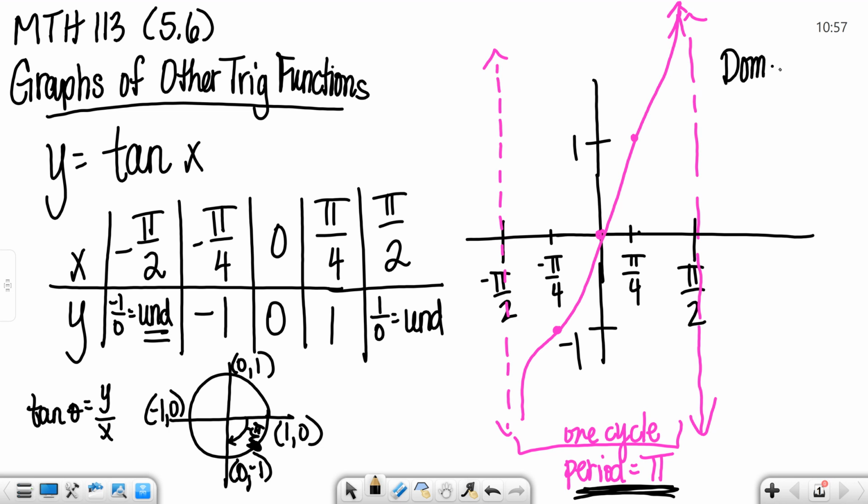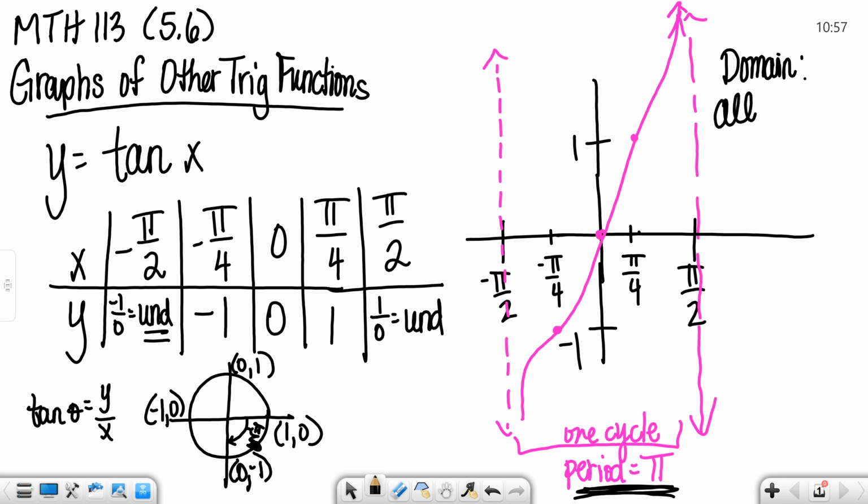The domain, oh, it's a little confusing. Okay, it keeps going left and right because the tangent curve does continue just like this, but it'll keep having asymptotes. And so notice it has an asymptote at negative pi over 2, at positive pi over 2, okay? So here's what's going to happen. The domain is going to be values that are in the x values.